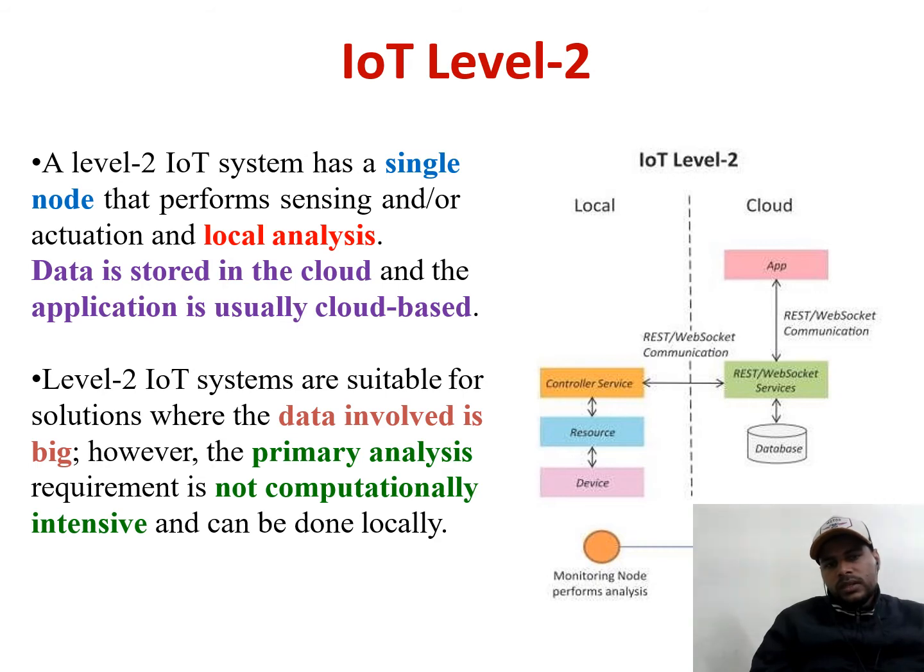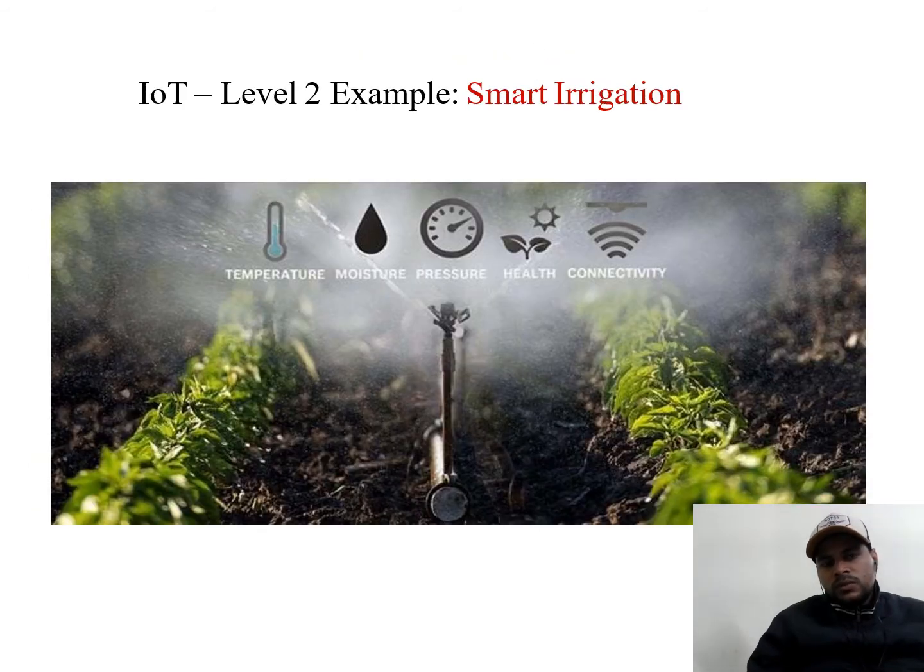So that's why it is having local analysis, because it is not very computationally intensive. The IoT level 2 example is smart irrigation, where the temperature around the crop, moisture of the soil, pressure maintained at the crop, like the health status of the crop, are connected with the help of IoT devices, which is called a smart irrigation system nowadays.